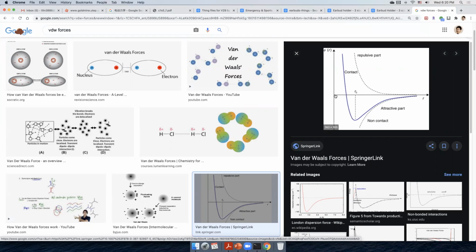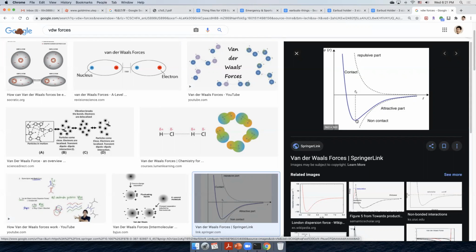The x-axis is the distance between two atoms. You can see if the distance is very far, the force is almost zero. If they get closer, the force gets stronger in a negative way. That means it's an attractive force, because negative in this figure means attractive.